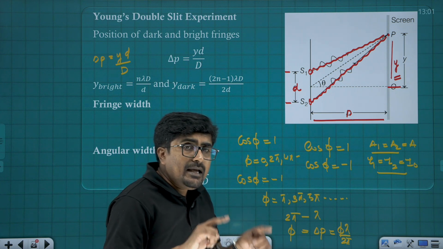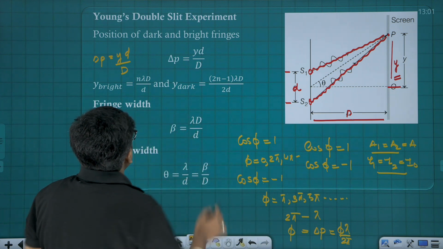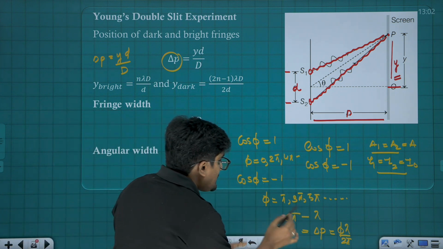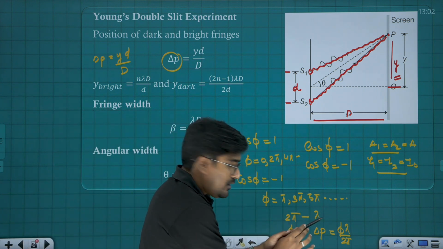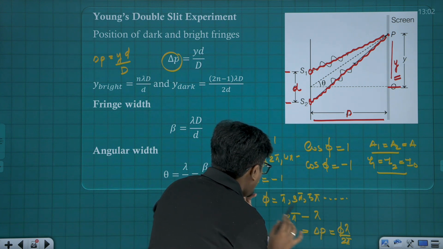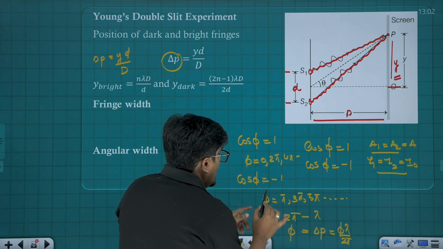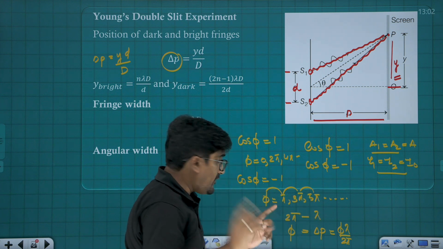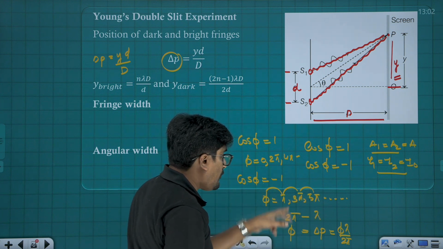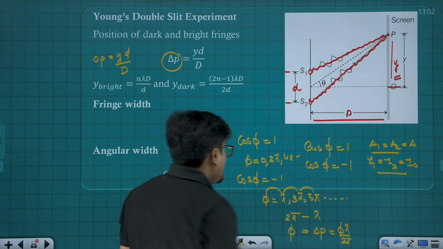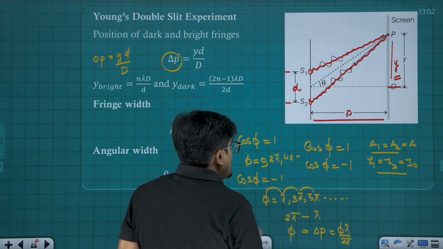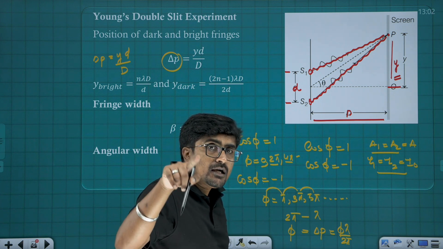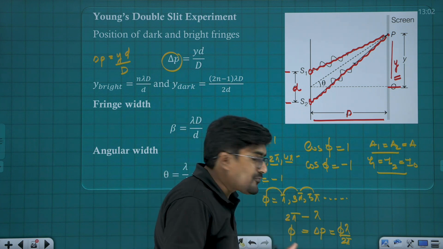So for phase differences pi, 3 pi and 5 pi, it is going to be destructive, and for 0, 2 pi and 4 pi, it is going to be constructive interference, the bright fringe.